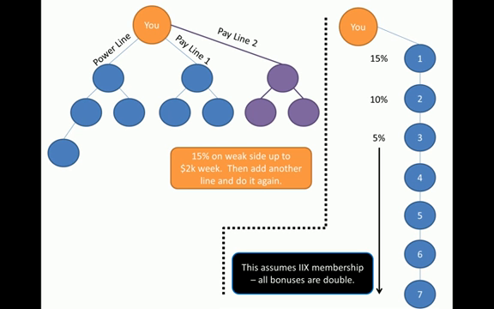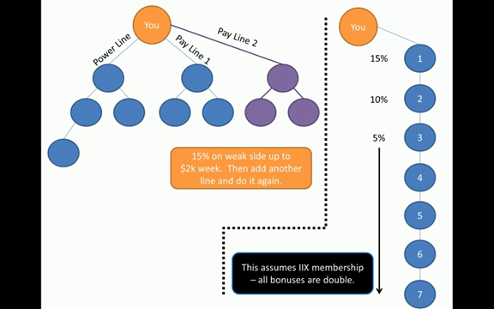And so on the left-hand part here, we have a blue circle, and that we call our power line. And the power represents that it has more volume, not necessarily people, but more volume in it. We don't get paid on that one. On the right side of the blue part there, we have a pay line that we get paid on.